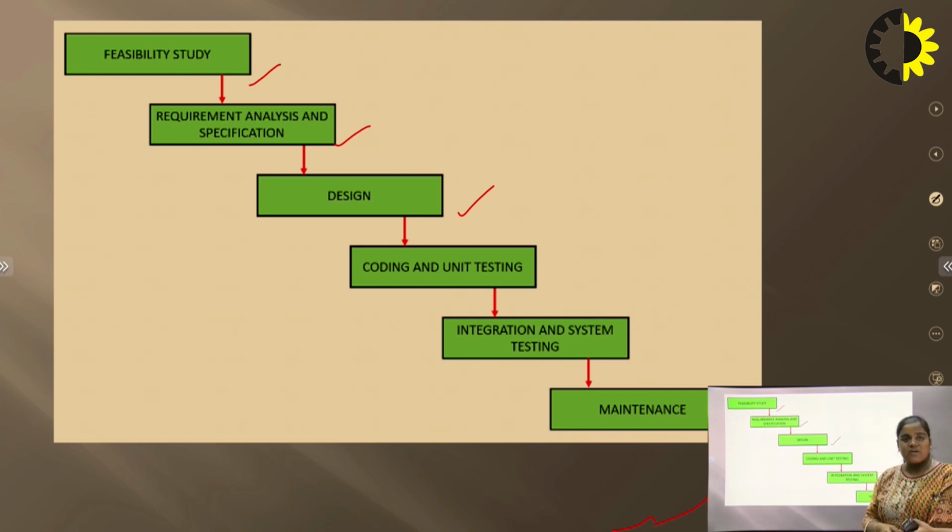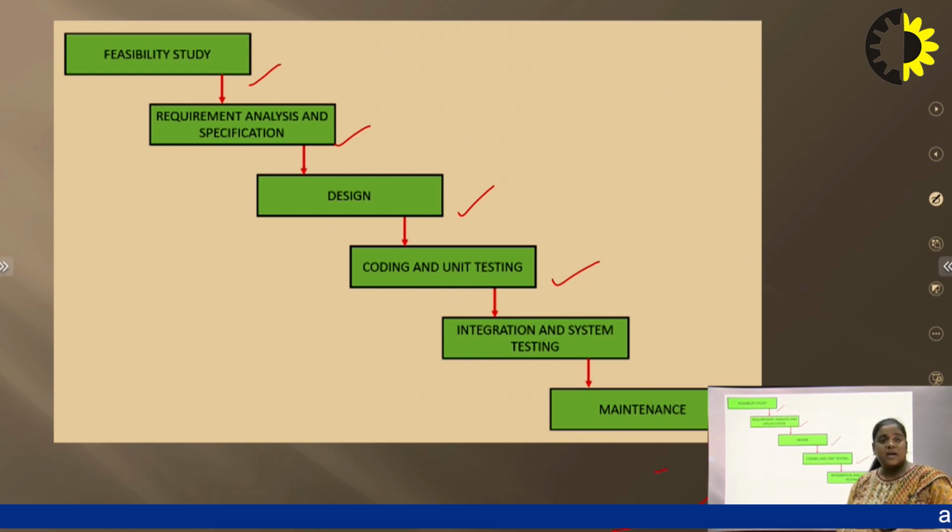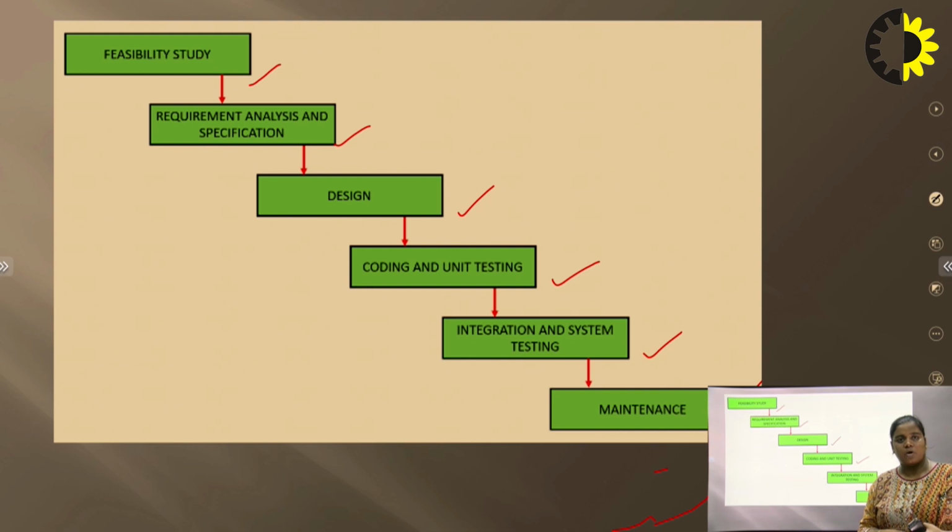After the design phase, we move toward the coding and unit testing phase, and after that, the integration and system testing phase. The last step of the waterfall model is maintenance. So as we can see, the waterfall model goes step by step. This is the basic approach or strategy of the waterfall model related to software development.